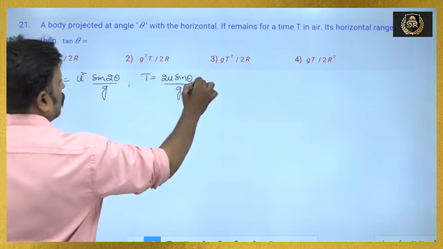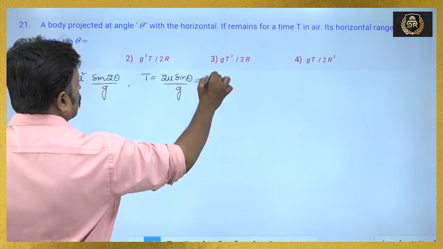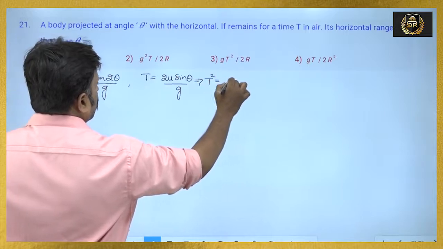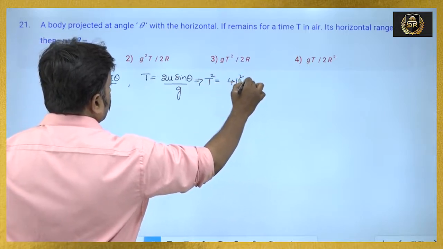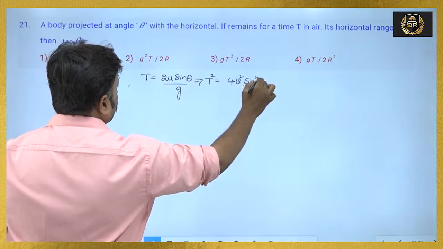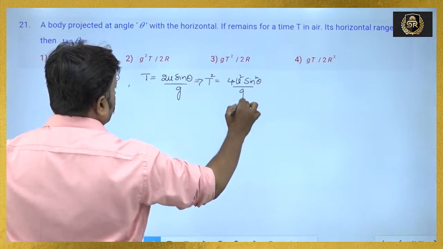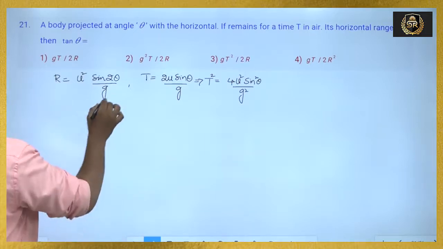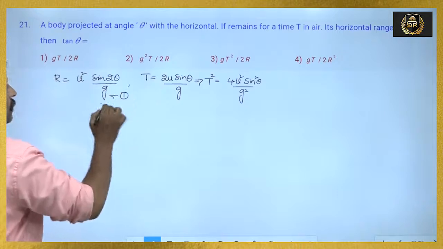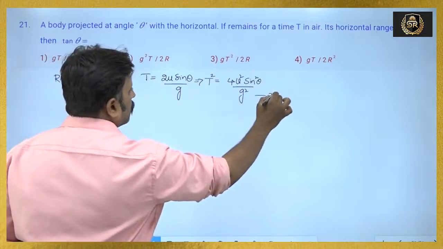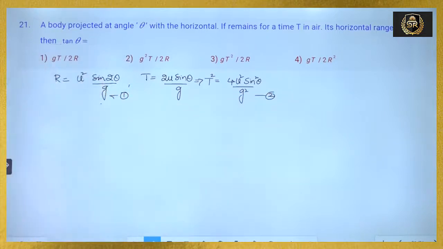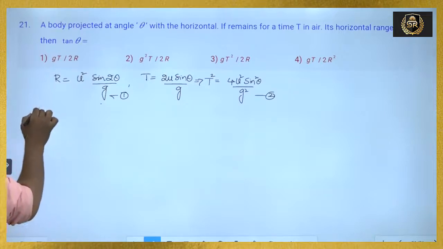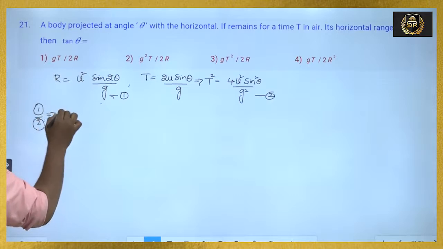This one I'm squaring on both sides. T square is equal to, can I write, 4u square sin square theta by g square. Then this is equation 1, and the range is equation 2. Okay, divide these two equations, 1 by 2.